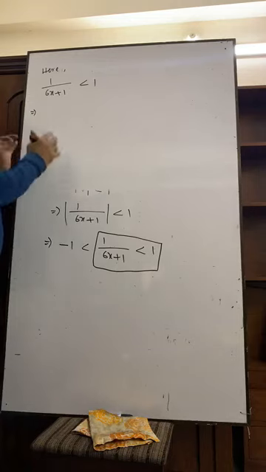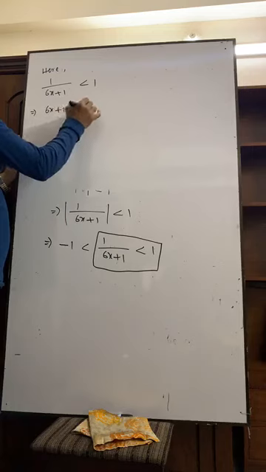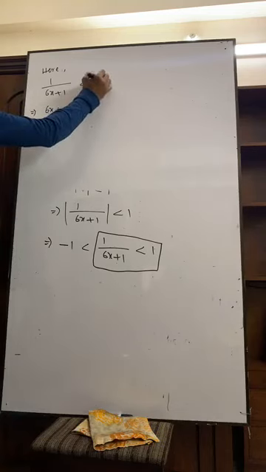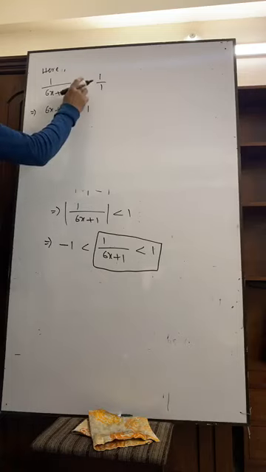That is, by invertendo we get it is greater than 1. Have you got me? This has been inversed. If we inverse, then the sign will be exchanged. If it is less than, it will be greater than.